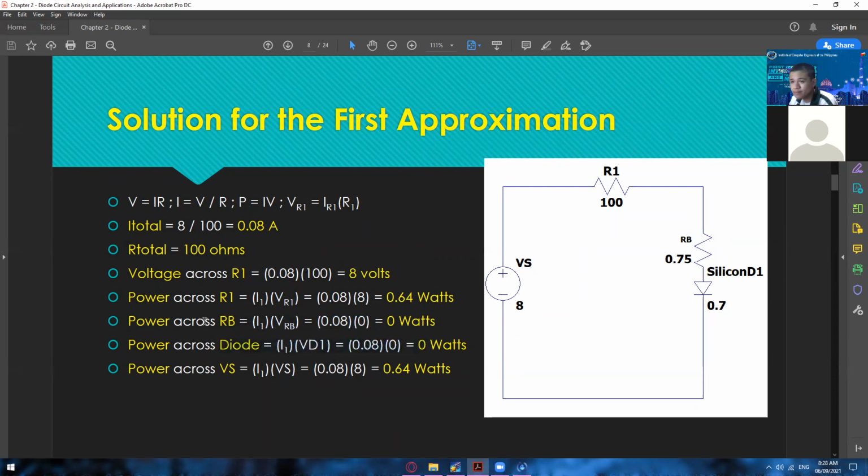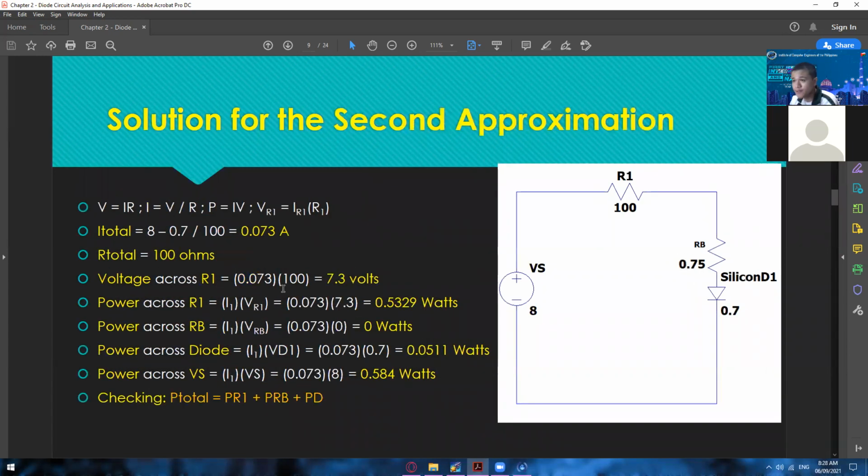But the RB right here will still remain, though the value of current will change, this one is still 0, since we don't consider the bulk resistance in second approximation. As you can see, almost everything will change. Only 1 or 2 are retained, but most of your answers will change in second approximation.